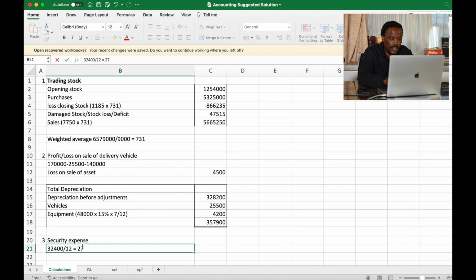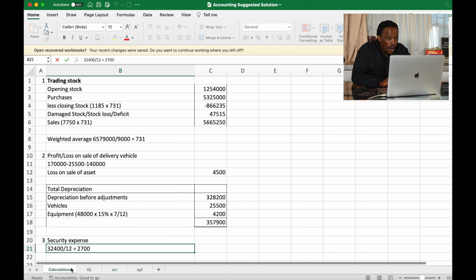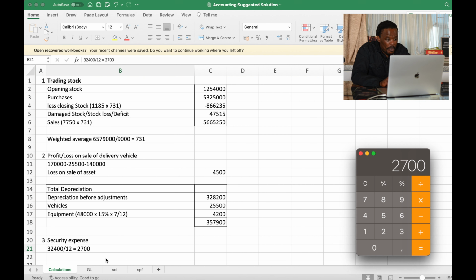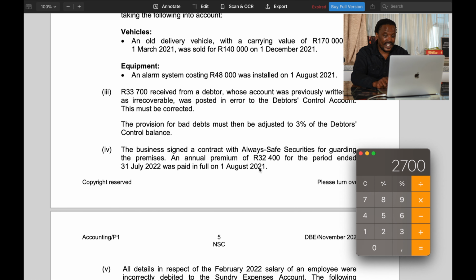Now 2,700, this amount is inclusive of this whole amount of 32,400. However, it was paid from August, September, October, November, December, January, February is part of the year. That other 5 months, it was paid in advance.